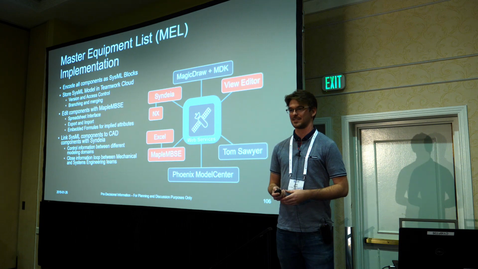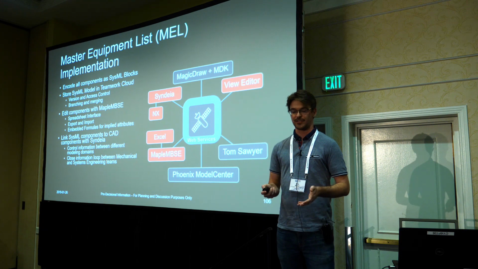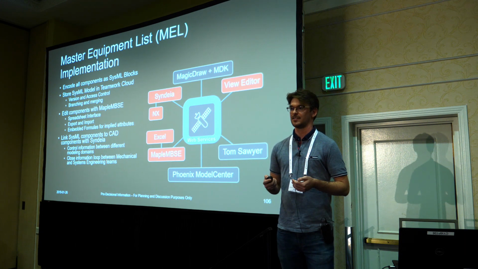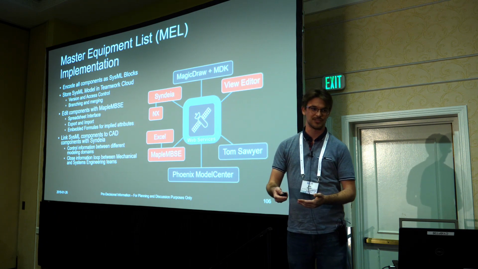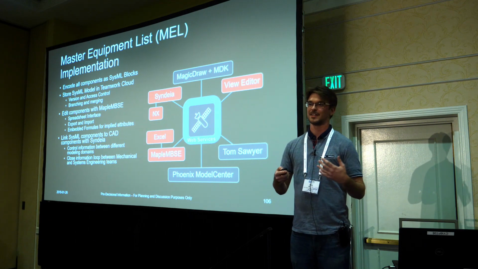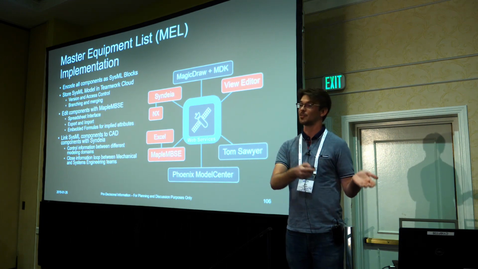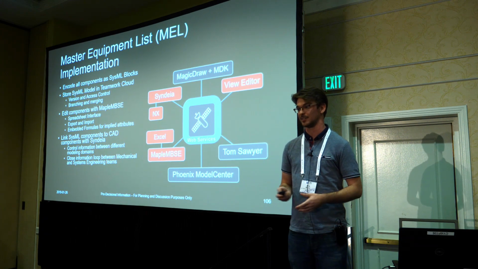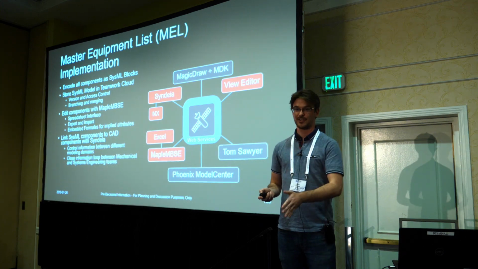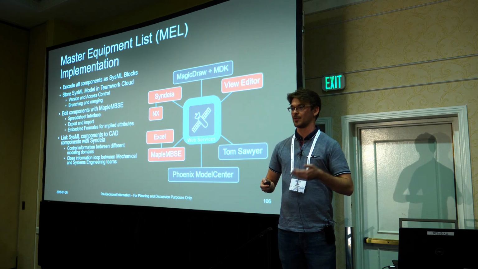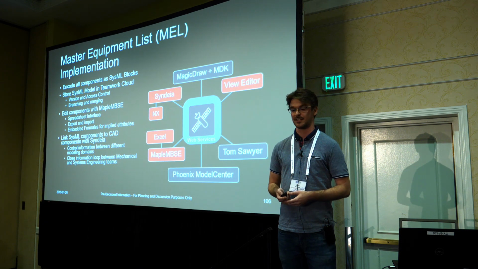So that was a big deal as well. Then we would represent the MEL in views on ViewEditor, because ViewEditor can connect through those web services to all these databases and pull the MEL into a web page that people can look at, edit, and send back, reflecting it throughout the whole model. So that's what we did for this very strict accounting component attribute list.